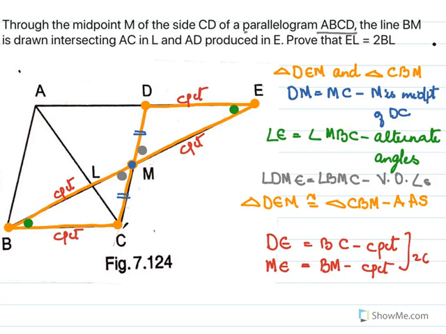So these two we are going to use later. It's equation 1. I repeat again, we have DE equal to BC by CPCT, and we have BM equal to ME by CPCT.